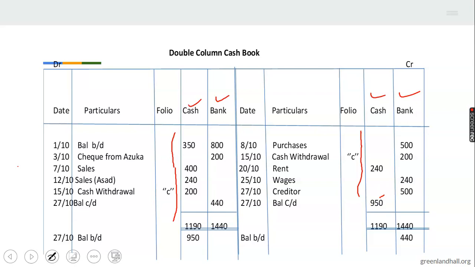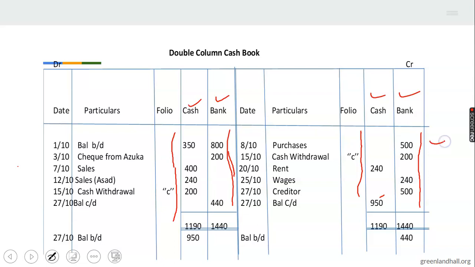Then the next thing is to look at the bank columns. We have to add together all those items that are available at the bank column here, and then add together all those items we have at the bank column here. Whichever one is greater, we are going to deduct the smaller one from it. When we add the bank column together, this side is greater.